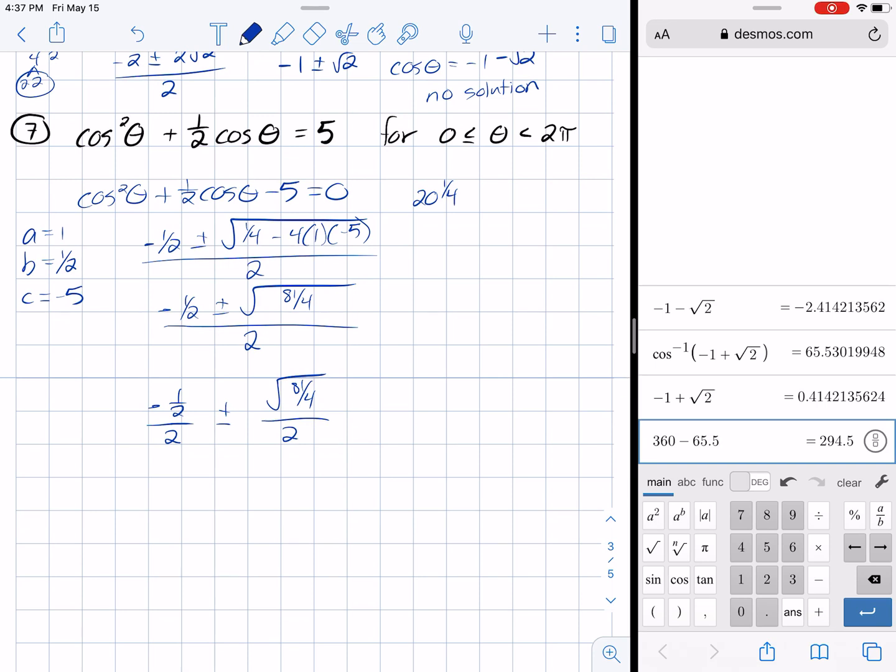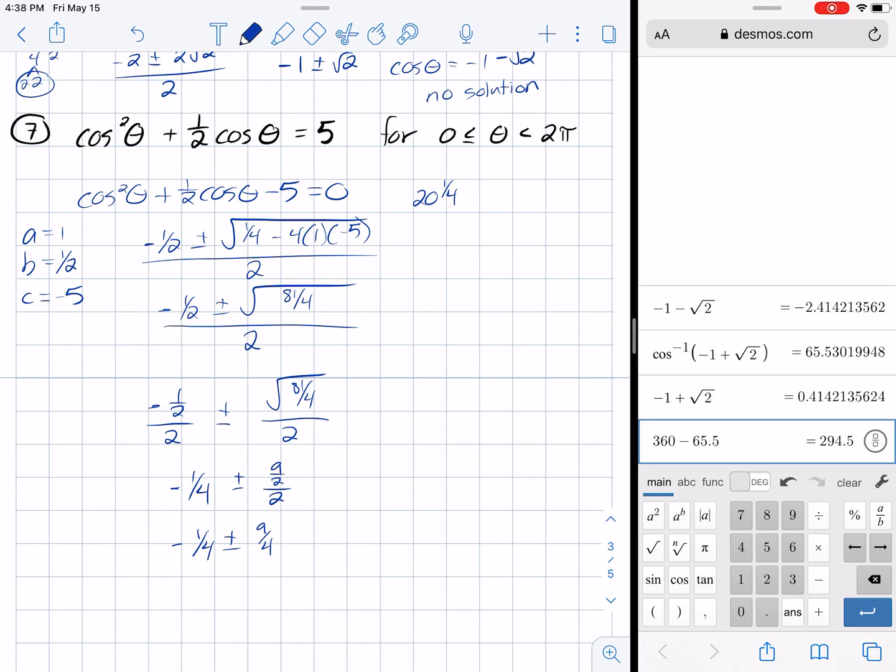Negative 1/2 of 1/2 is 1/4, so negative 1/4 plus or minus, these are both perfect squares, so we get 9 over 2 over 2, which is 9 over 4. That's the same as multiplying by 1/2.